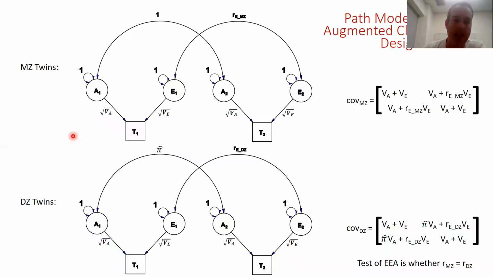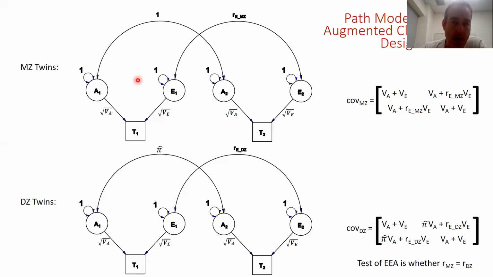This is the same thing here. So we're setting the variance of the latent factors to 1, and we are estimating the path coefficients of those latent factors. Here, we only have 2 latent factors, one for additive genetics and one for the unique environment.